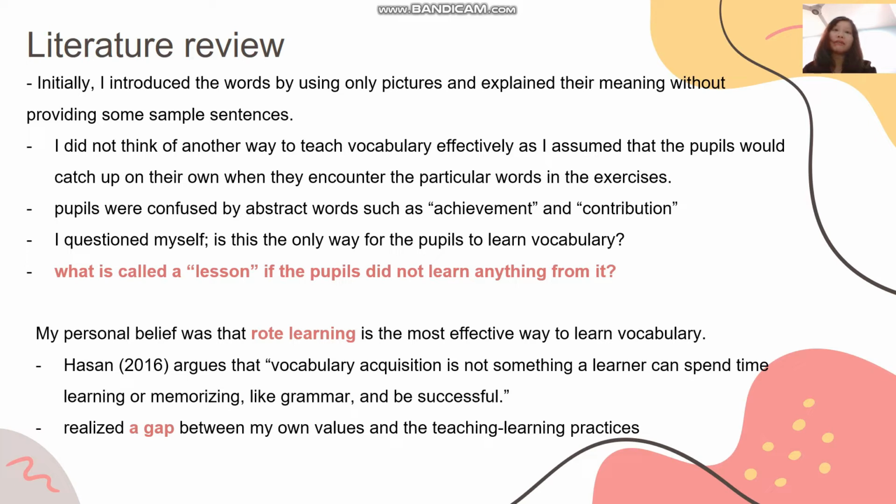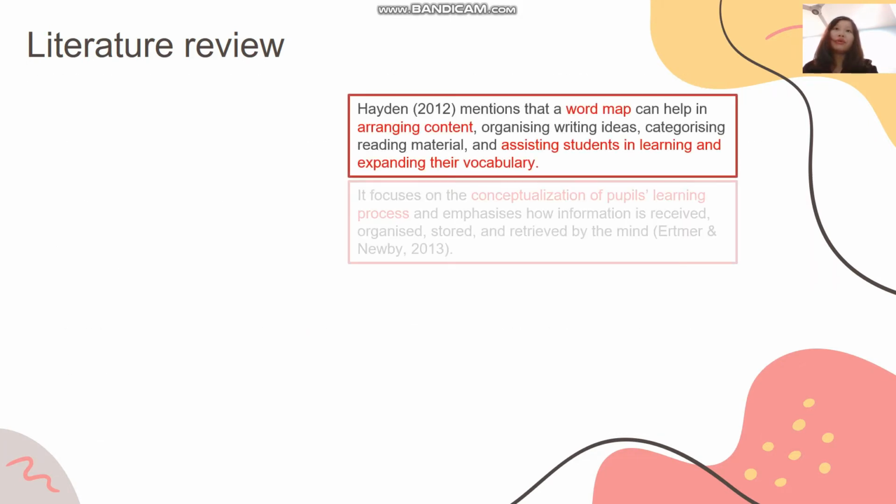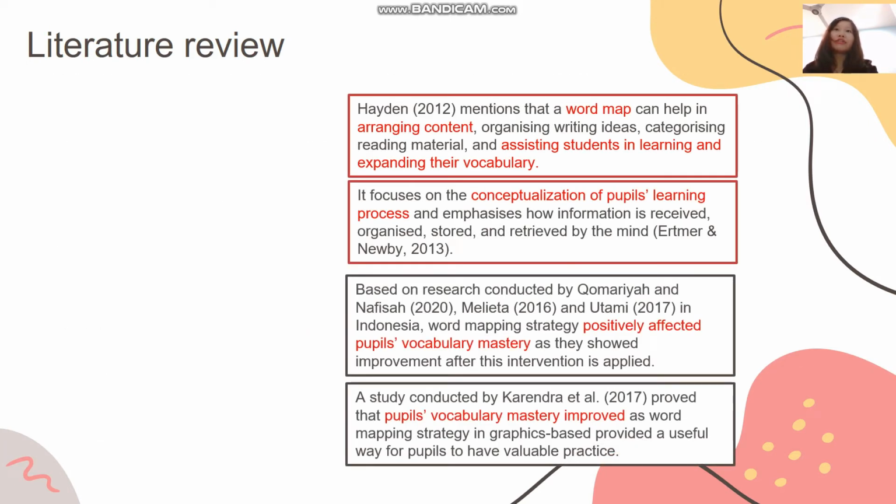Following these literature reviews, it concludes that a word map can help in arranging the content and also focus on the conceptualization of pupils' learning processes and emphasize how information is received, organized, stored, and retrieved by the mind.